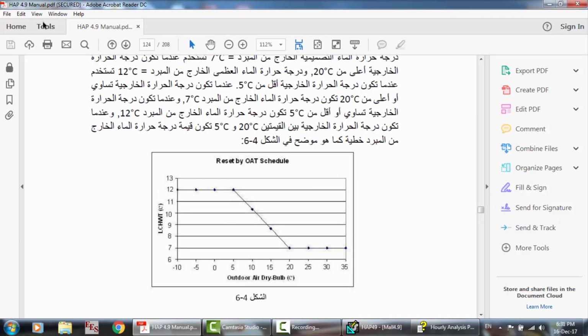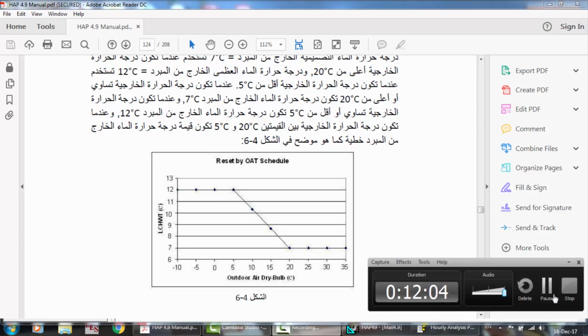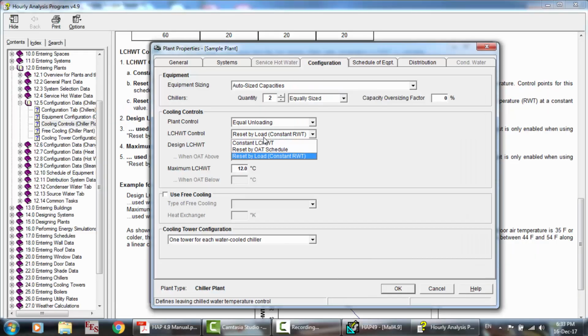Again, this is the Arabic HAP manual of the engineer Osama Atif. So for the last option, reset by load constant RWT, you only have to get the design LCHWT, the leaving chilled water temperature, and the maximum leaving chilled water temperature. You have to get both.